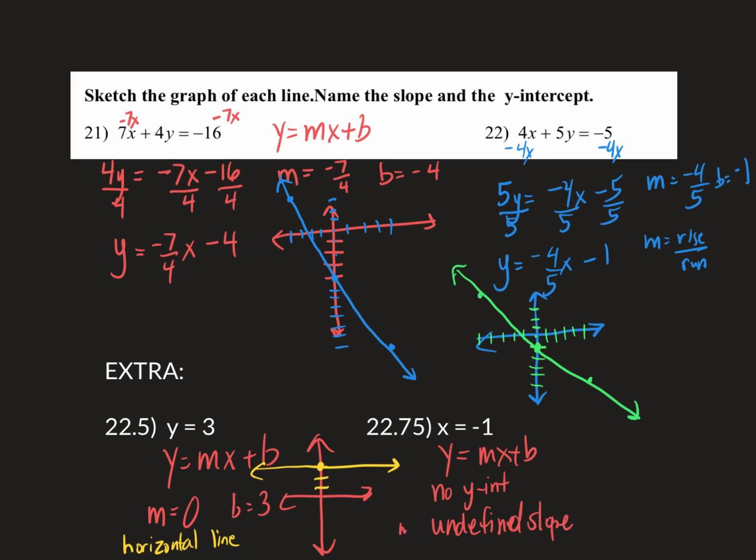So the slope is undefined and the y-intercept is none. And then to graph that, x equals -1. So a line that has an undefined slope and has no y-intercept is a vertical line. So x equals -1. And that's it. That's that question. Moving right along.